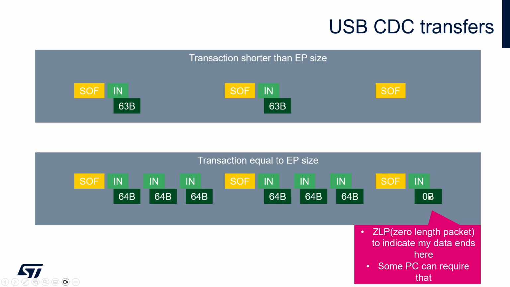Until you give it 0 or less, it thinks, okay, this transfer is probably done, I will ask at the next start of frame again. So you can see the transmit bandwidth can be much bigger with this approach. So be careful on the sizes you are giving it. It's not visible at first look. It's aligned with the USB specification, but it's nowhere written that Windows or your PC will behave this way. So be careful on this part.